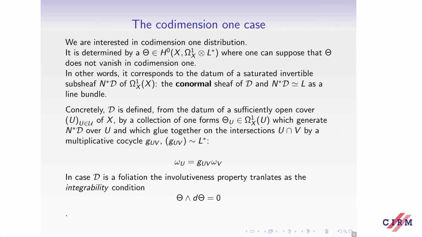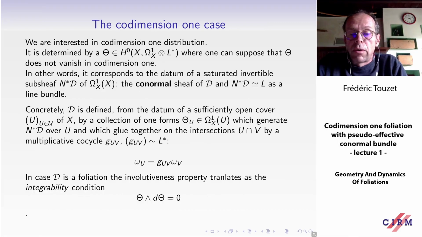And in more layman terms, a codimension 1 distribution is defined by a collection of 1-forms, which glue together according to a cocycle g_UV, which represents the dual of the conormal sheaf, which coincides with the geometric normal sheaf, that is the quotient of T_X by T_D outside the singular locus, but not over the singular locus, because I recall that the geometric normal sheaf is not locally free over the singular locus.